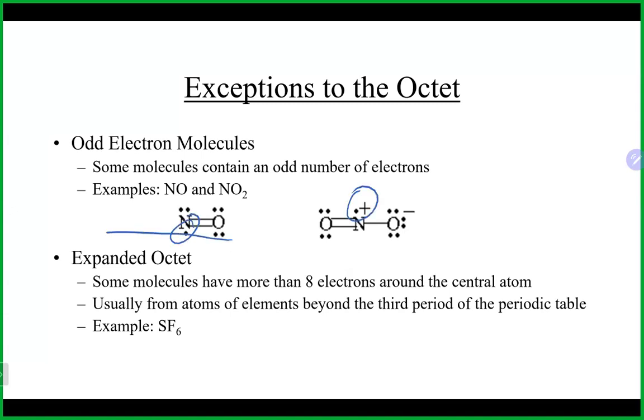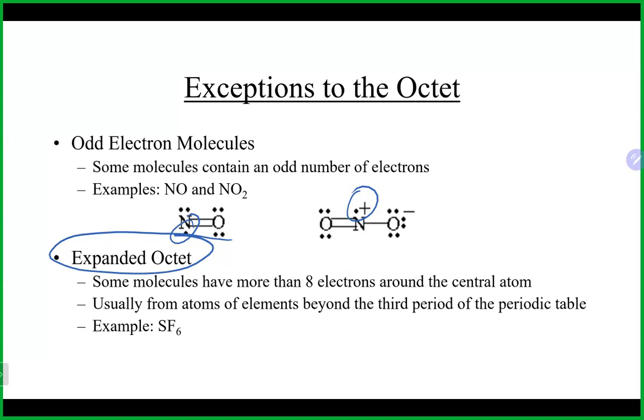And probably the granddaddy of them all, which is the expanded octet. That is probably the exception to the octet rule you will see the most, especially when you go to 1A. That will pretty much be everything you draw. The expanded octet, much like the name implies, is something that can be happy with more than 8 electrons.